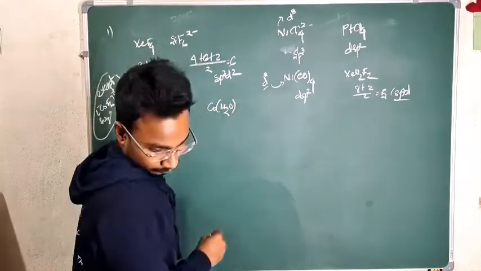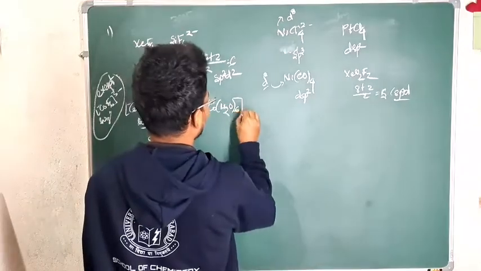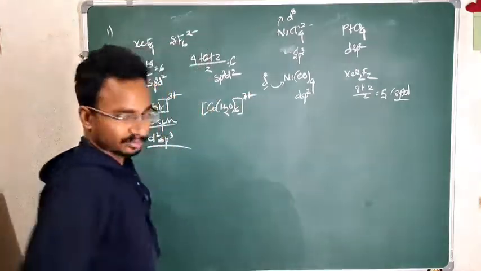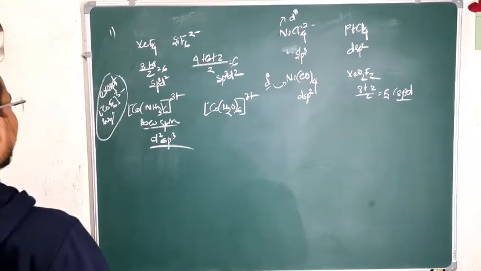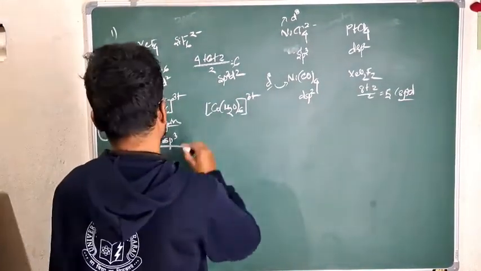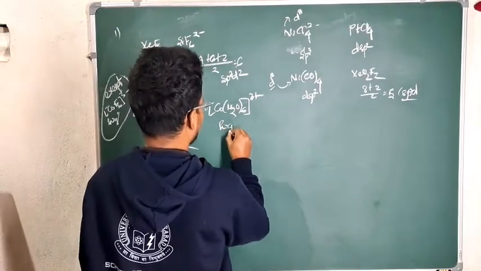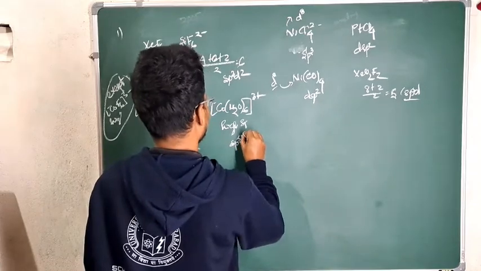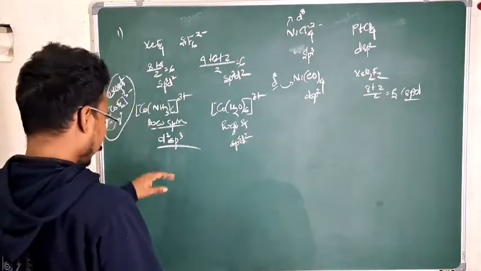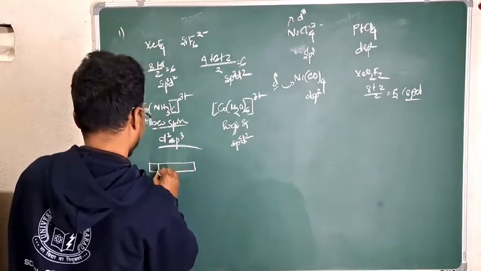Co(H2O)6 3 plus. And another exceptional is here, it is also a high spin complex, that's why sp3d2. As you can see here, I can draw the structure as well.